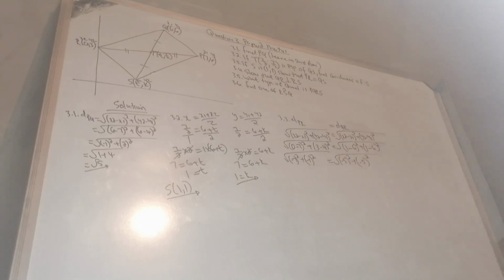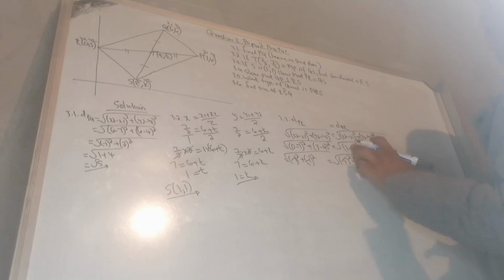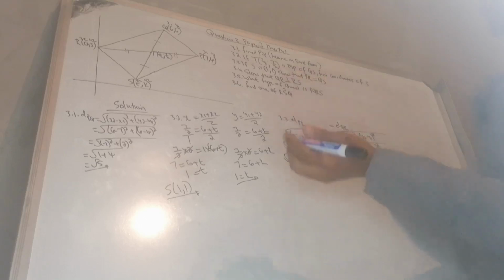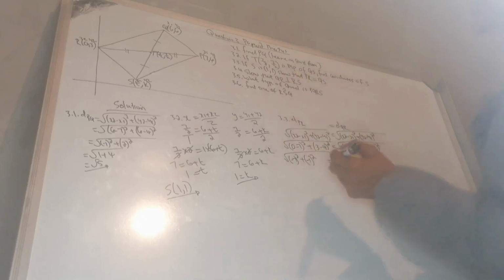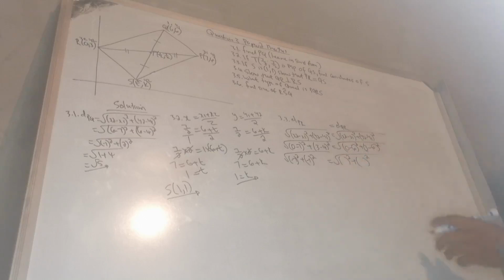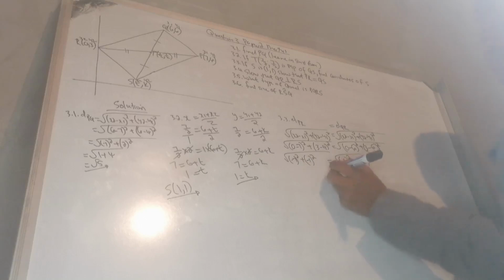Now QR again. I will have my x2 as 0 minus 6 and my y2 as 3 minus 6, so minus 6 squared and minus 3 squared.